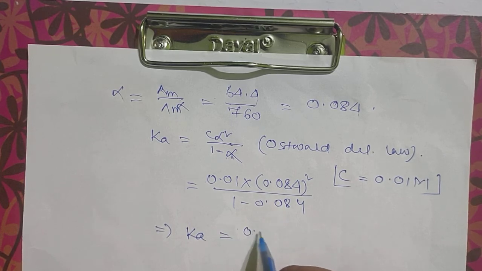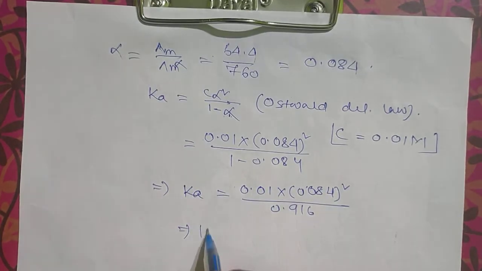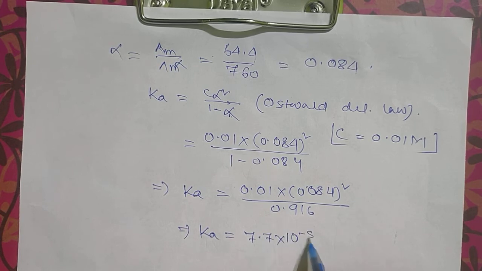You just calculate 0.01 into 0.084 squared, divided by 0.916. From here we will get Ka equals 7.7 into 10 to the power minus something. I have already done this problem and I have the data, that's why I'm writing it.